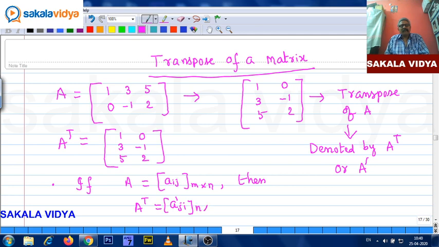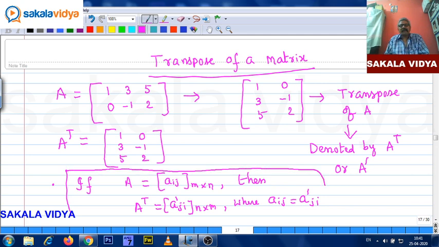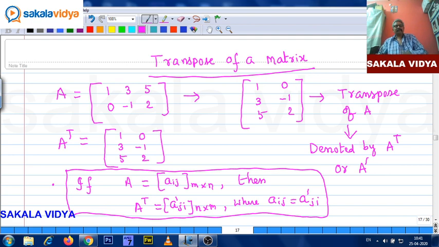The order of the matrix is n by m, where Aij should be equal to A dash ji. This is the definition of the transpose of a matrix in compact form. Please note it down. This is called the transpose of a matrix.